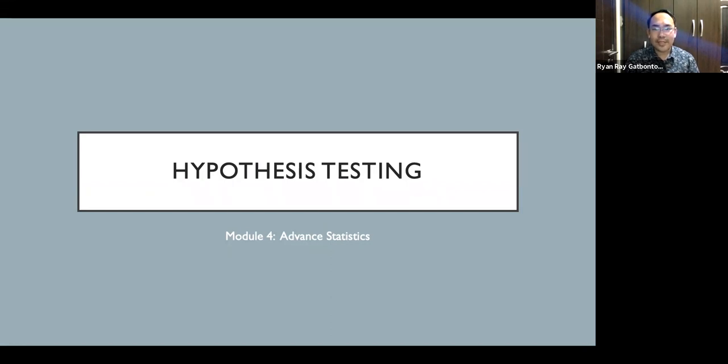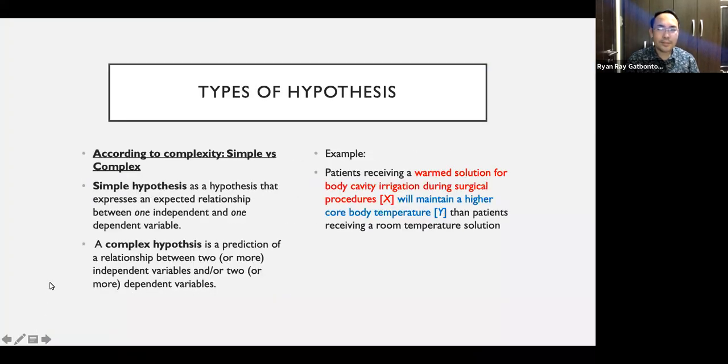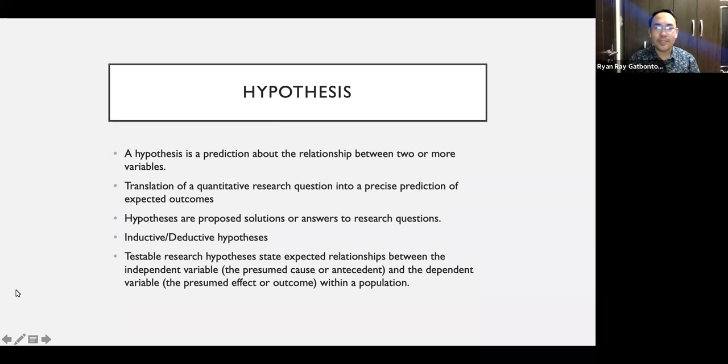Therefore, when you test your ideas, it's imperative that we know the different types of hypotheses so that we can do testing of such ideas. So when we talk of hypotheses, a hypothesis is actually a prediction about the relationship between two or more variables that you have.